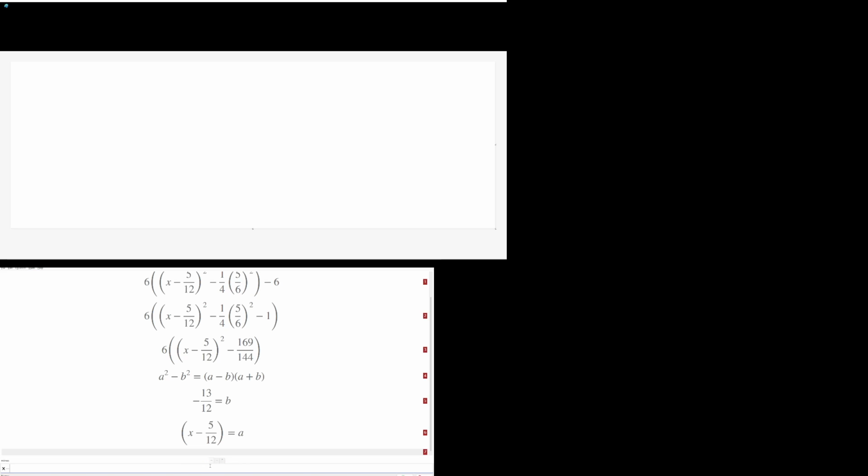So we've got x minus 5 over 12, which is our a, and now a minus b, so minus minus, plus 13 over 12, right? And this is our first bracket. In our second bracket, we've got a plus b.